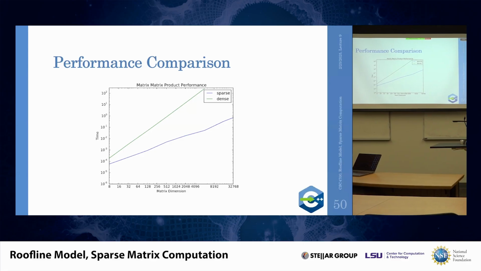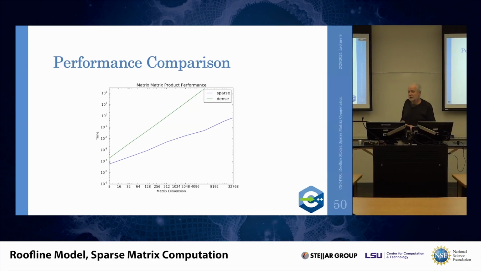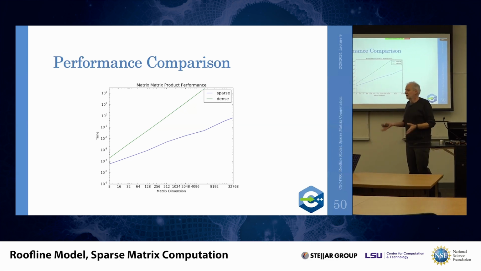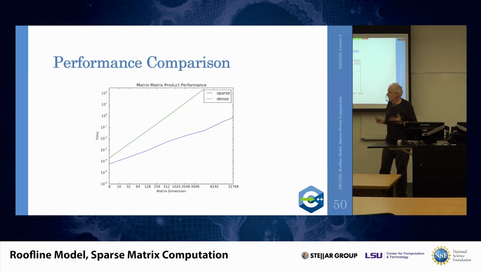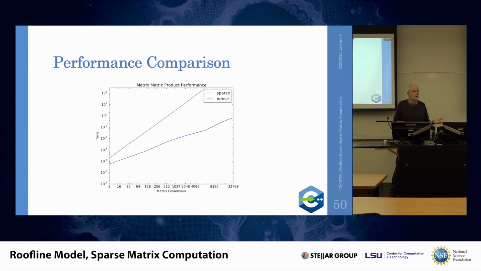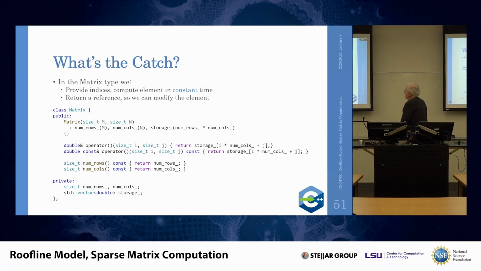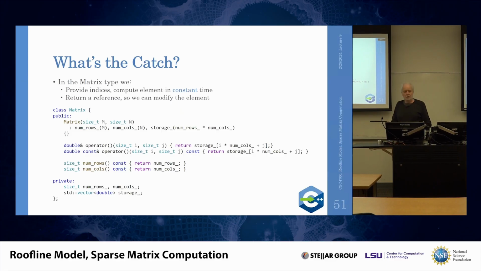So the sparse representation performs much better than the dense representation, obviously. And the reason is we move much less data to the cores and we do fewer floating point operations. So that's completely expected. Okay, so all good, but no.